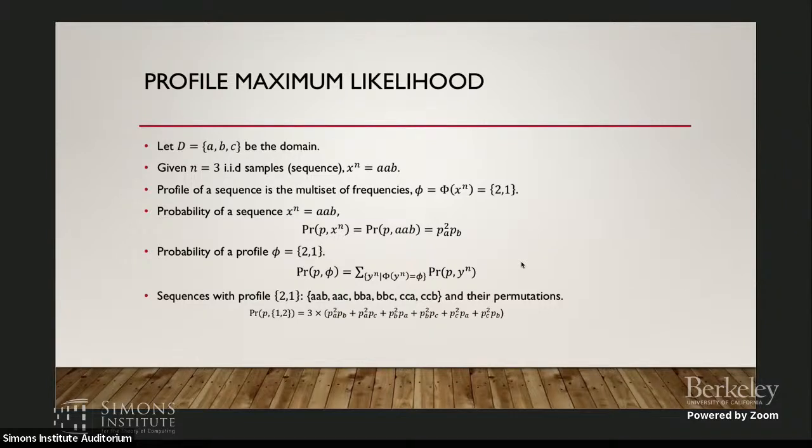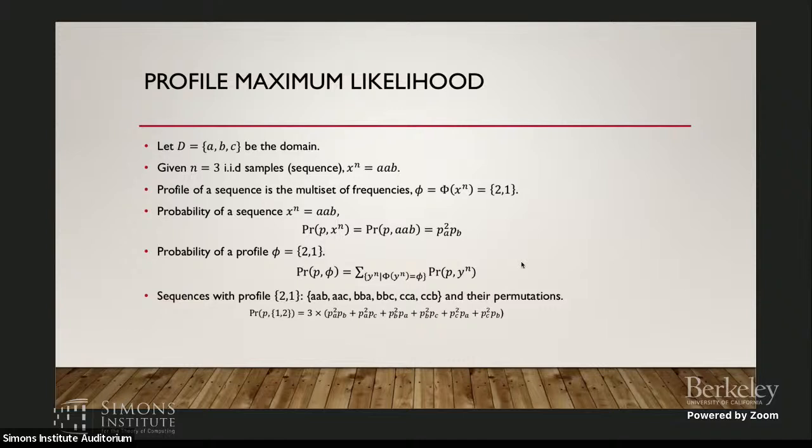Let these samples be AAB, which I'm going to refer to as a sequence. The profile of a sequence is just the multiset of frequencies. In the sample AAB, A appears twice and B appears once. So the profile of that sequence is {2, 1}.